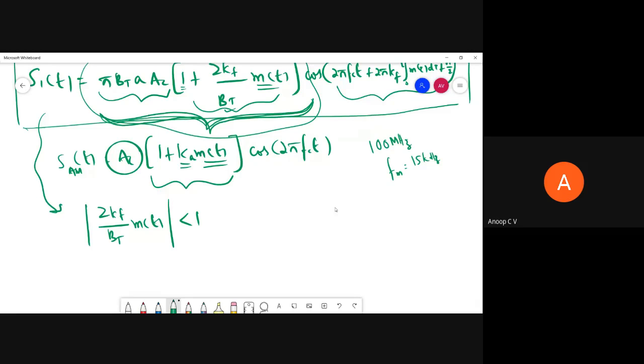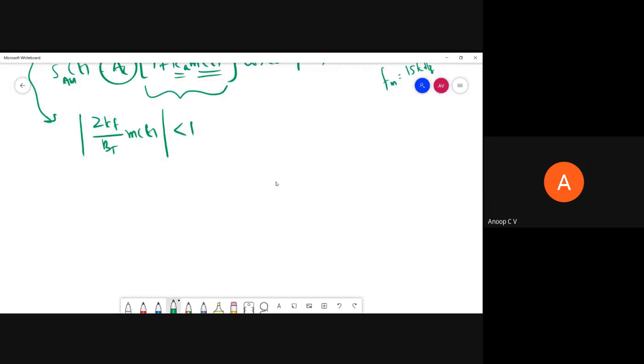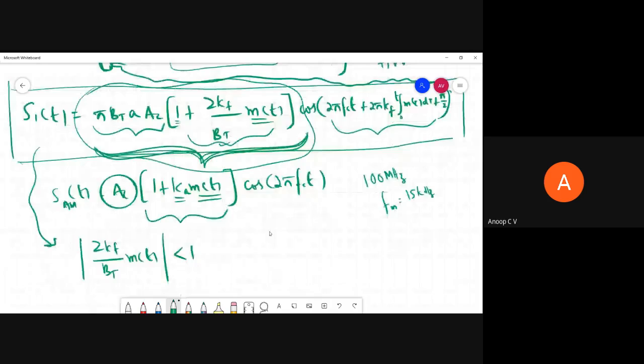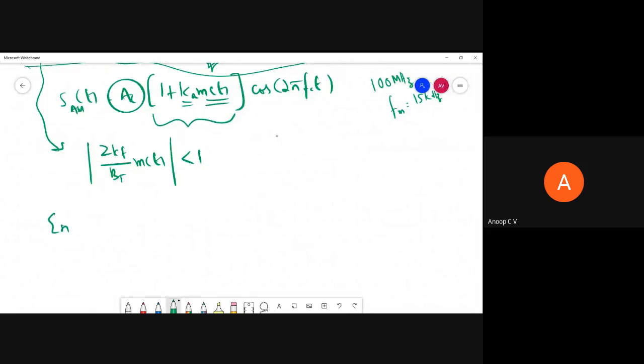So maybe I can write the envelope as pi bt Ac times 1 plus 2 pi kf into m(t). So that is the envelope. I'll write the envelope as pi bt Ac times a into 1 plus 2 kf by bt times m(t).